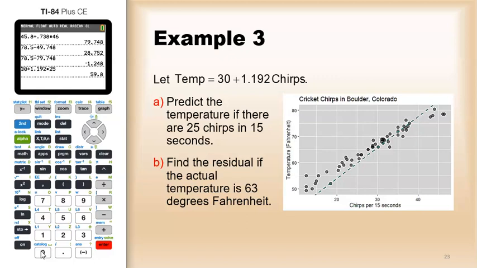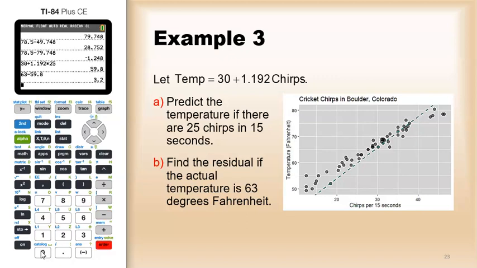And that comes out to be a temperature of about 59.8 degrees. Now, if the actual temperature was 63, then I'd go 63 minus that 59.8. And my residual in this case is 3.2. It's positive. That tells me the actual temperature was 3.2 degrees higher than I predicted.